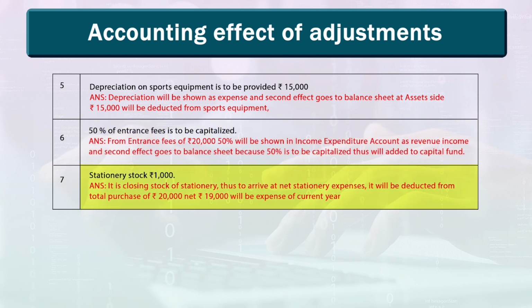Stationery stock of rupees 1,000 is the seventh adjustment. It is closing stock of stationery, thus to arrive at net stationery expense, it will be deducted from total purchase of rupees 20,000, net 19,000 rupees will be expense of the current year.